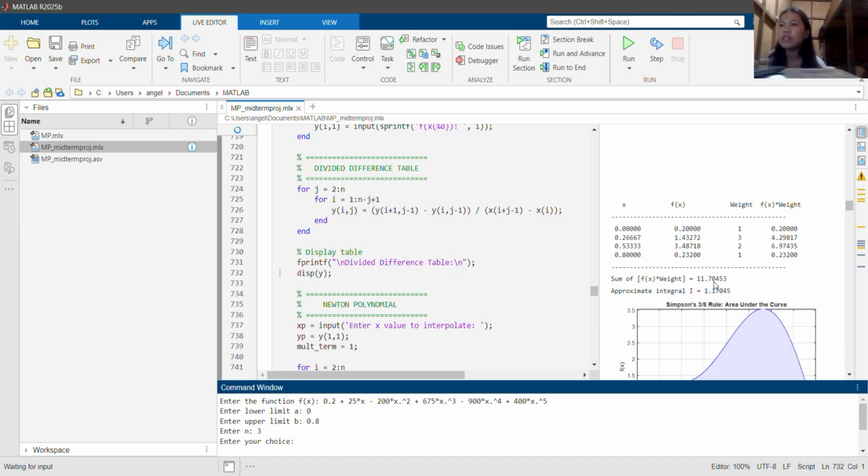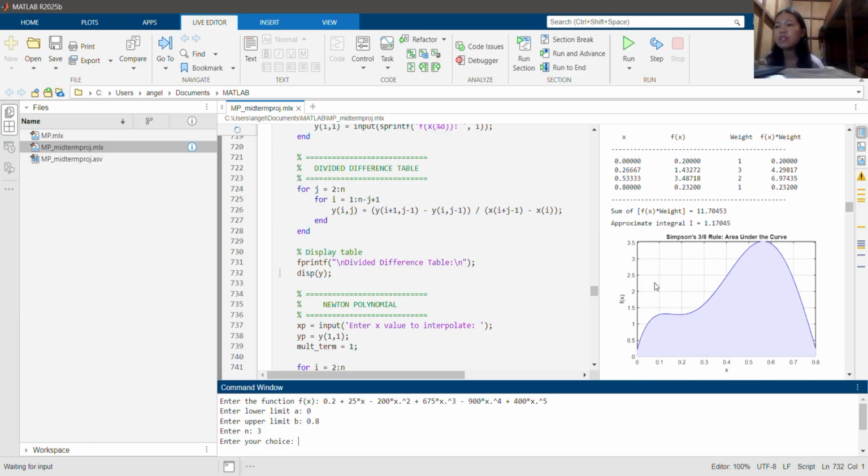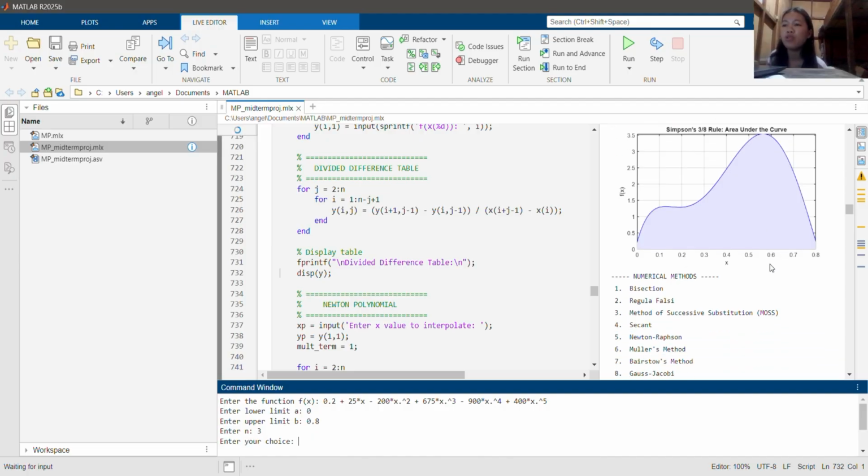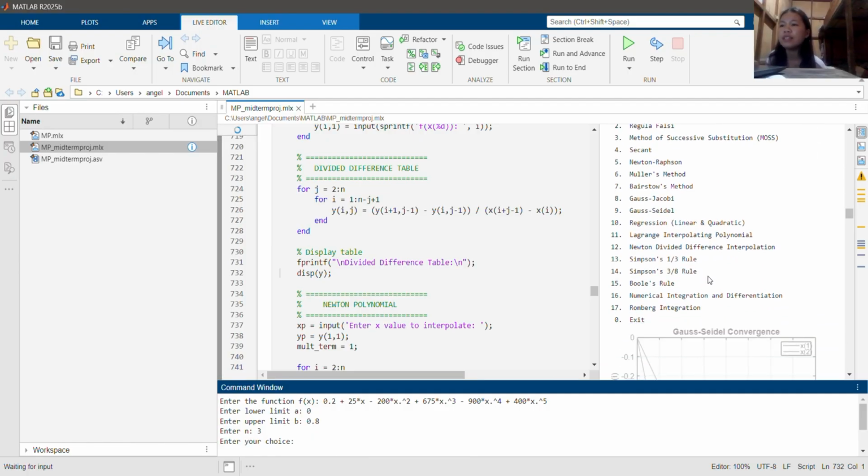Here is the table. The sum of weight times f of x is equal to 11.70453, and the approximate integral I is equal to 1.17045. And here is our Simpson's 3/8 rule area under the curve.